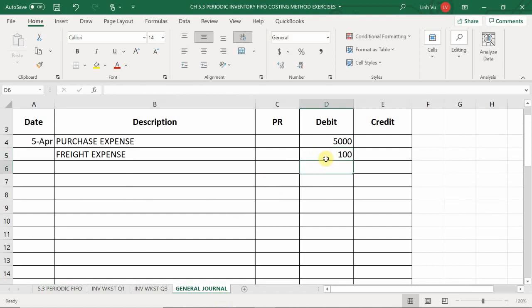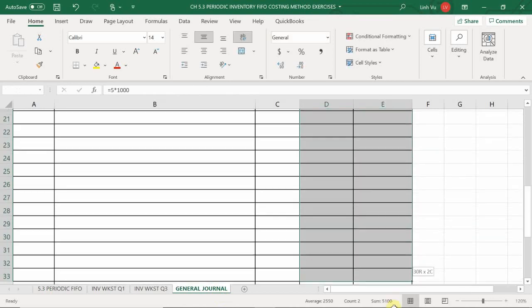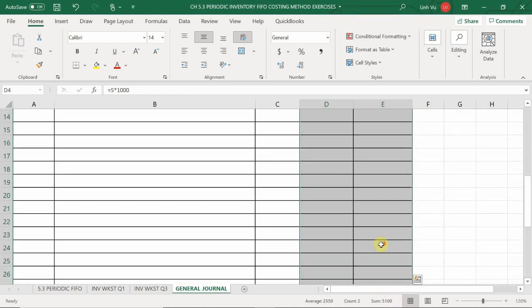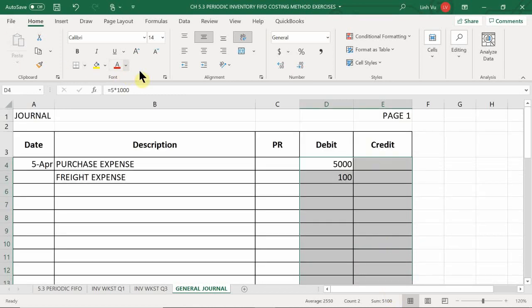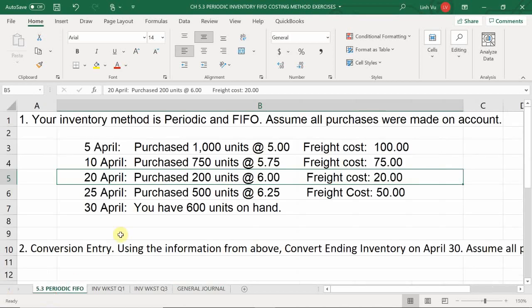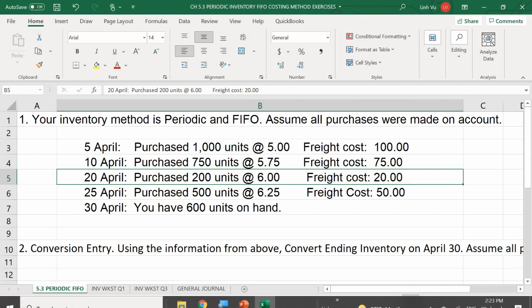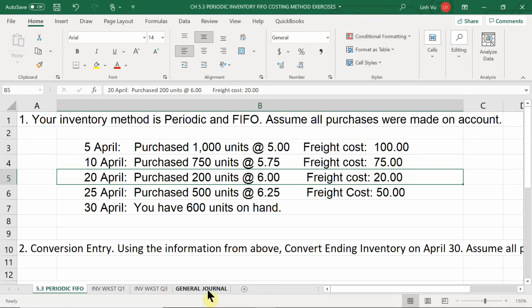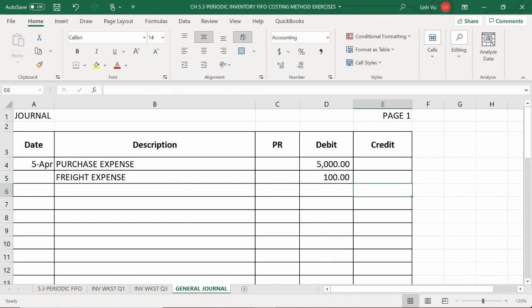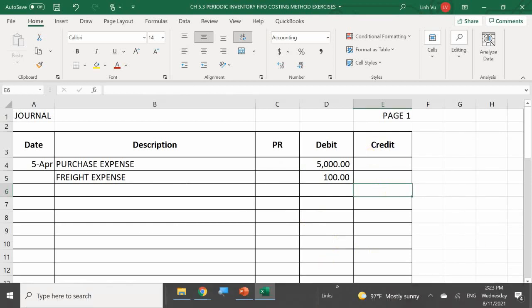And so then, key information that you're supposed to have here is to assume that everything was purchased on account. So how did I pay for it? What's my total amount going to be? 5,100.